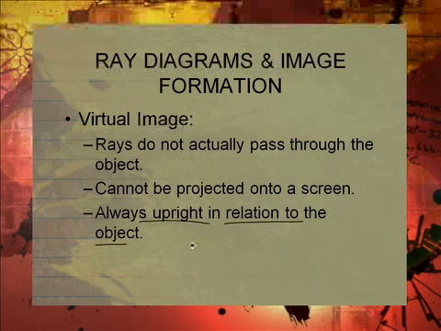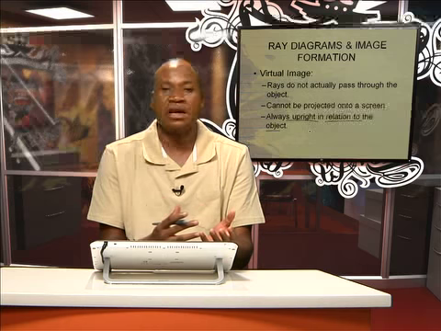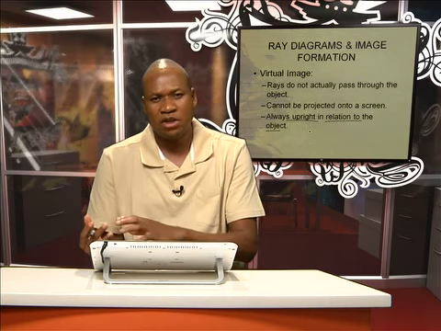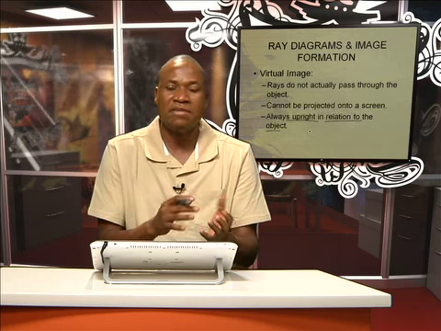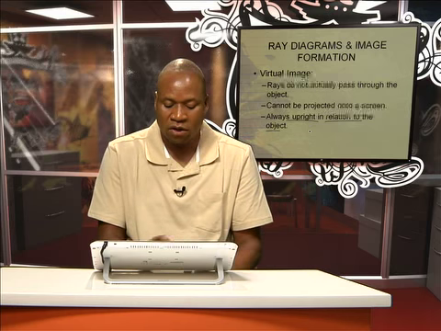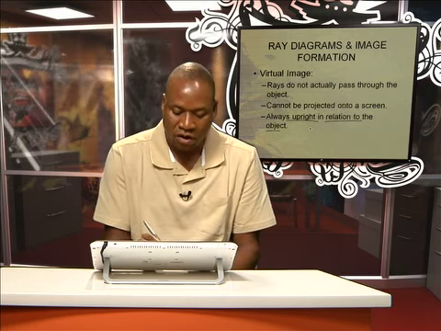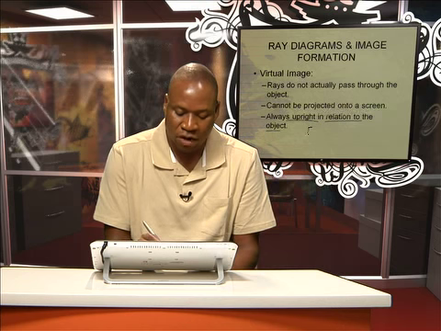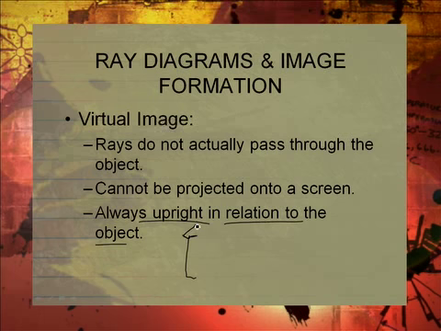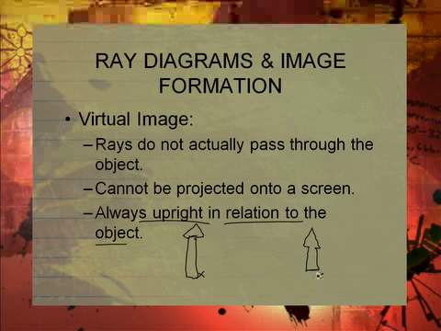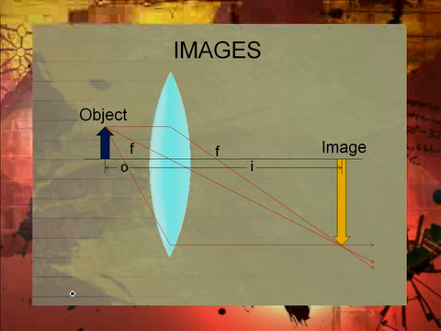So you can see that actually this is the opposite of a real image. If the object was like that, the image may be magnified or smaller, but it will still be upright, just like that, because it's a virtual image.